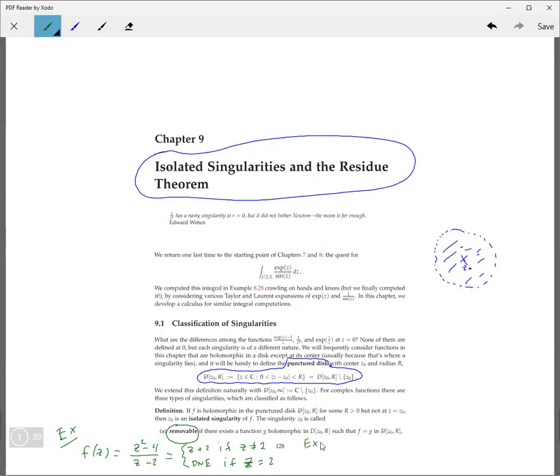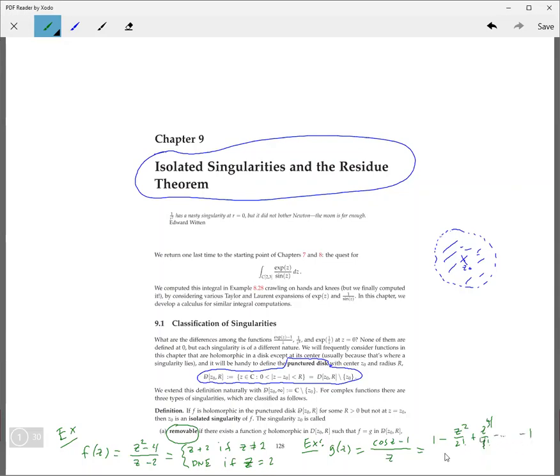Another example would be if we had cosine Z minus 1 over Z. That's another example. And the reason that works is because of the cosine Z, if you expand it out, what happens if you expand cosine Z in a Taylor series? Well, you get 1 minus Z squared over 2 factorial plus Z to the 4th over 4 factorial, and so on, right?